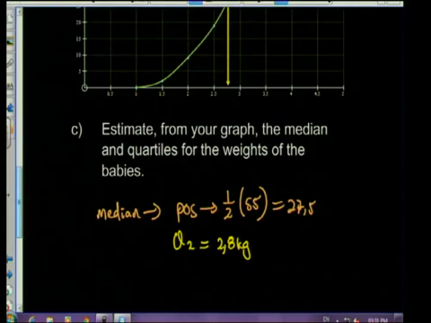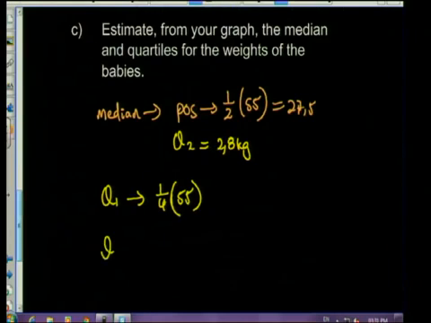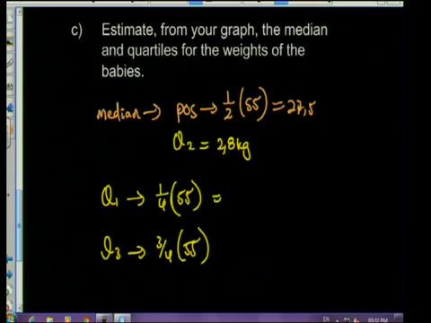So now I want to read off the quartile values. So it says read the median and the quartiles. Remember, you've got two quartiles, quartile 1, which is in the position which is a quarter of your values. And you've got quartile 3, which is the upper quartile, which is 3/4 of your values. Remember, these answers are not telling me the values of the quartiles.